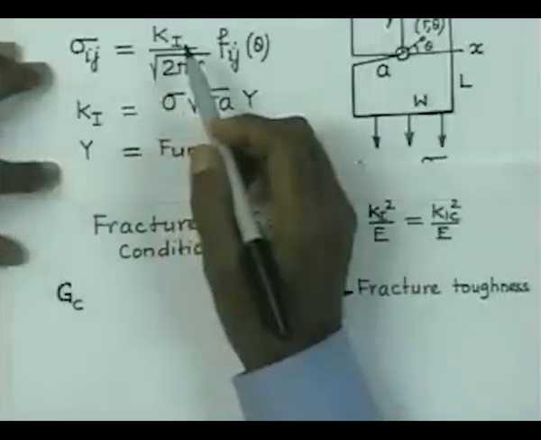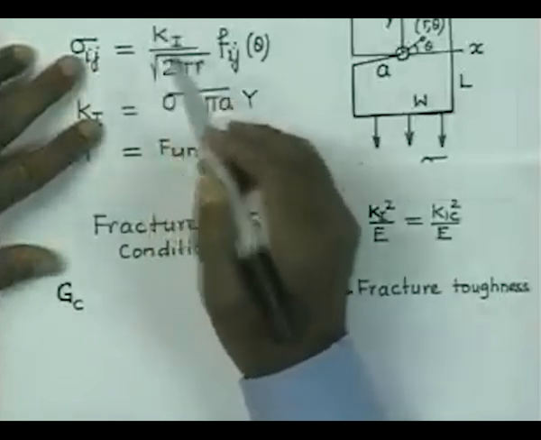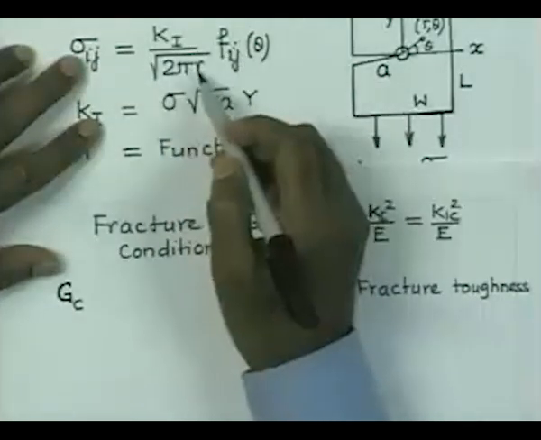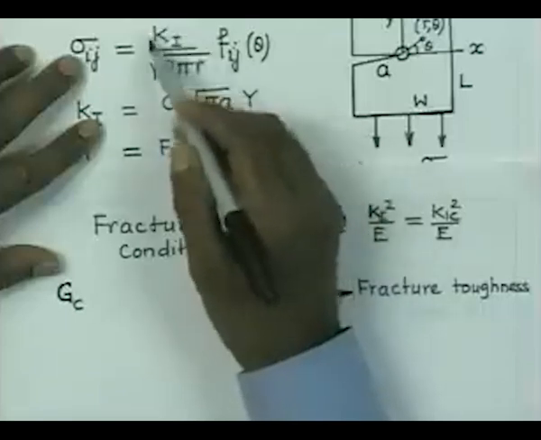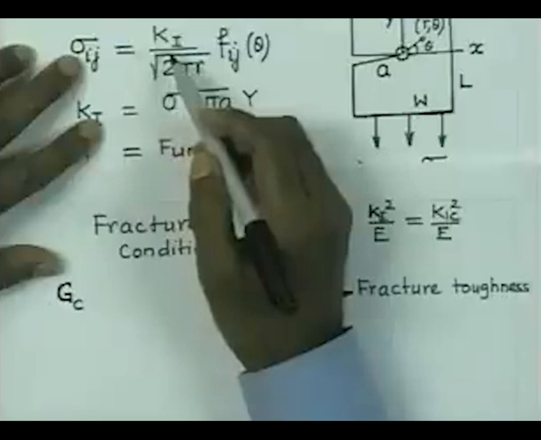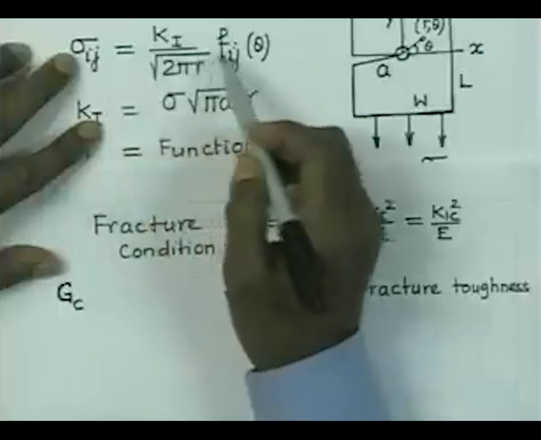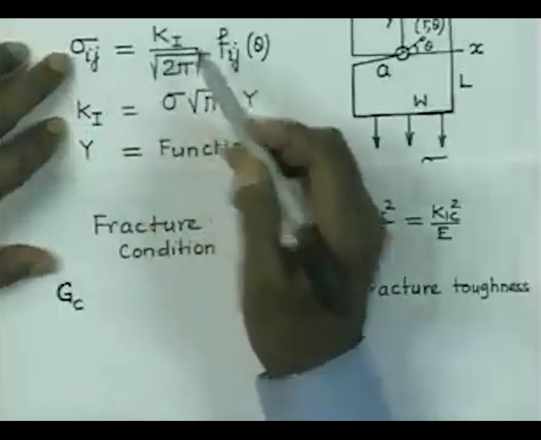Why is it called the stress intensity factor? Herein you see that this term is appearing as an amplitude term. This is a function of theta and this remains constant for a particular r. So, this is expressing the influence of the geometry and the loading of the body on the stress field, and it is acting as an amplitude term. That is why it is called the stress intensity factor.